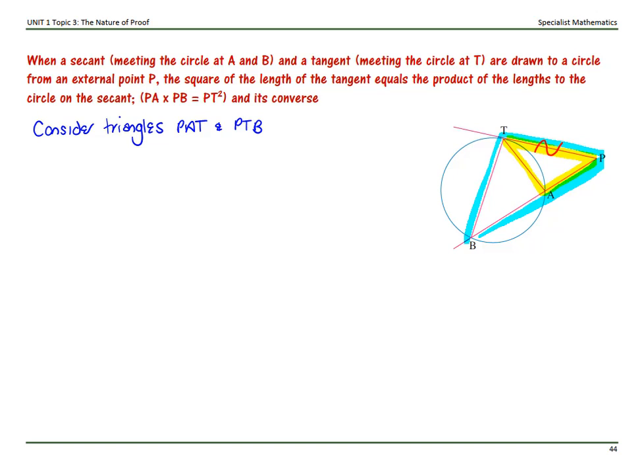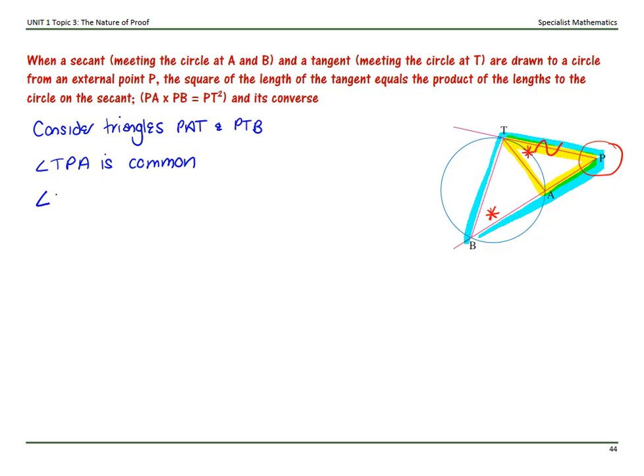We know that angle P is common to both triangles, so angle TPA is common. We also know that this angle here has to equal this angle here because of the alternate segment theorem.